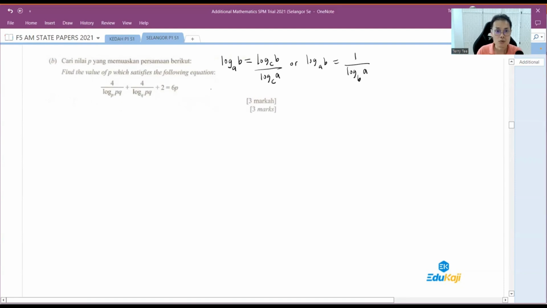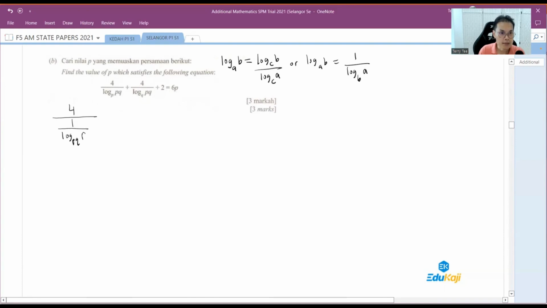All right, so what I'll do in this case is that I will change both of them to the same base, which is base pq, right? Okay, so to change to base pq, we need to do 1 over, let me write over here. This is 1 over log base pq.